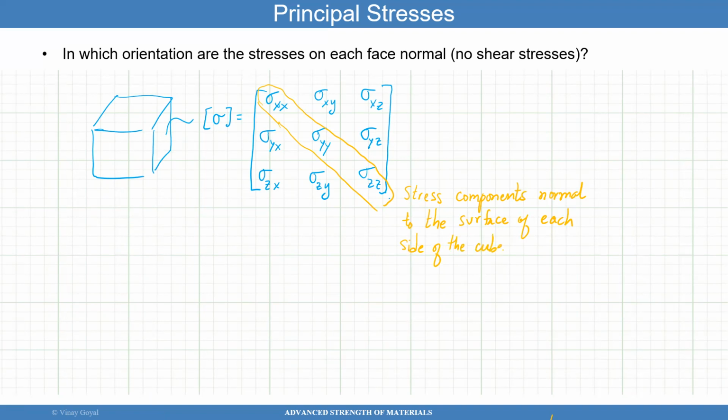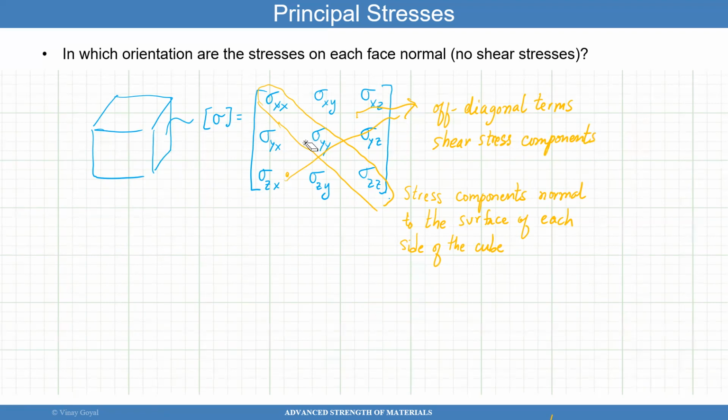We talked about it. While the remaining ones, which is this one and this one, are the off-diagonal terms, which represent the shear stress components. So hopefully that idea is clear.